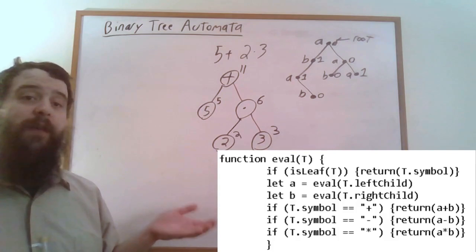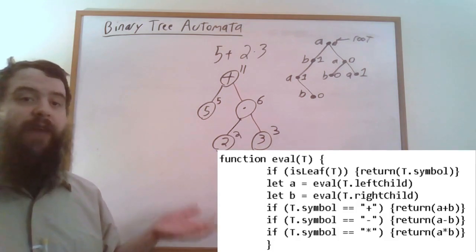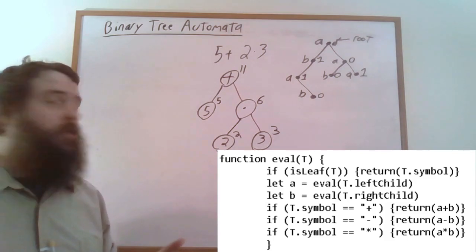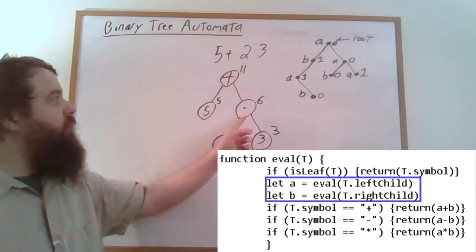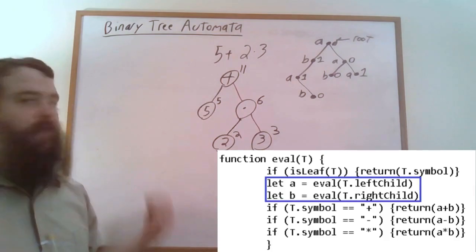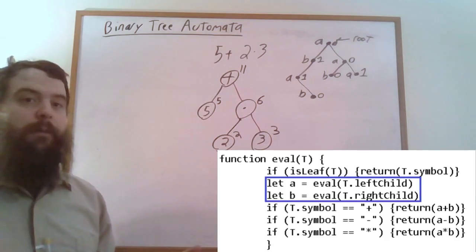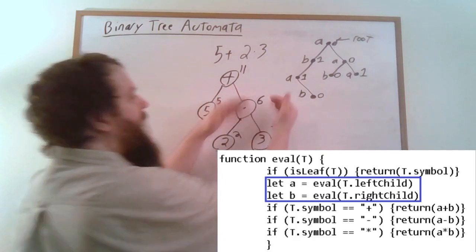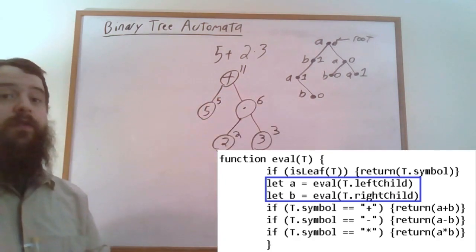Here I have some example pseudocode that evaluates the value of a tree. In order to evaluate our function on a particular tree, if the root of that tree has children, we're going to want to evaluate that function on the children. We're going to want to take the subtrees corresponding to the children and evaluate the function on those first.